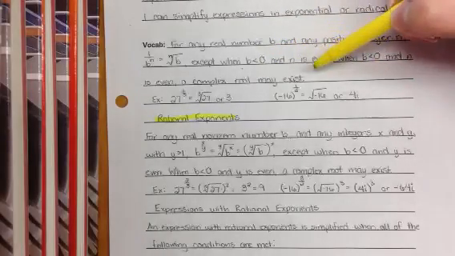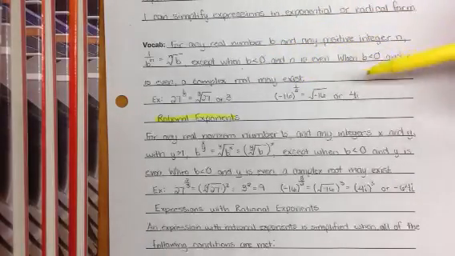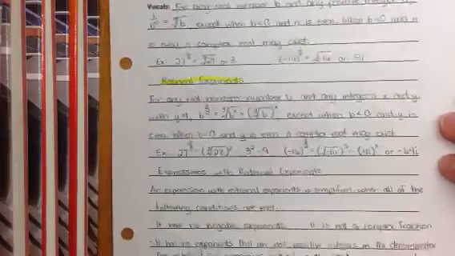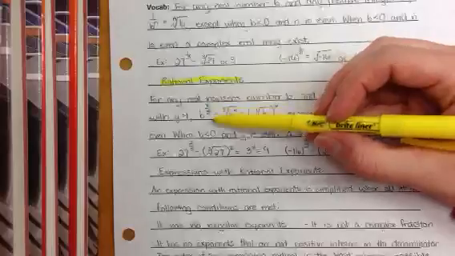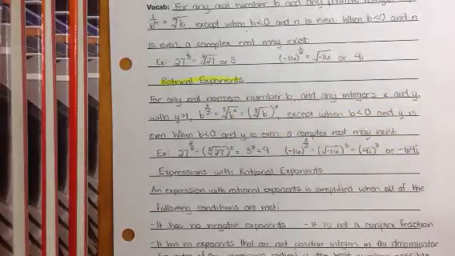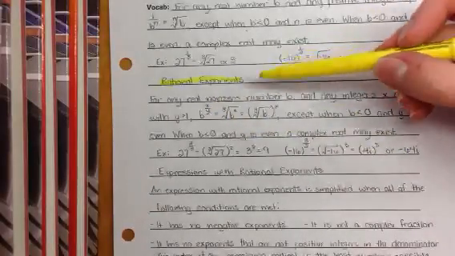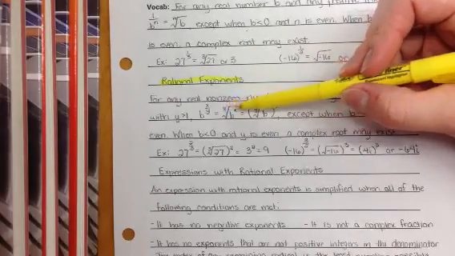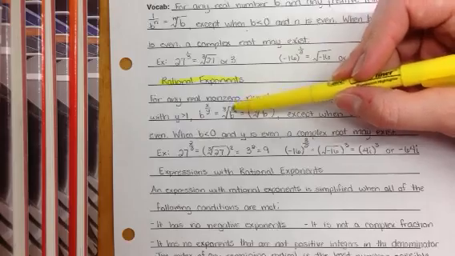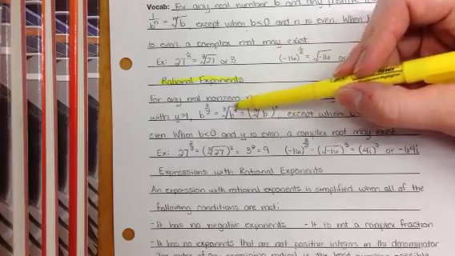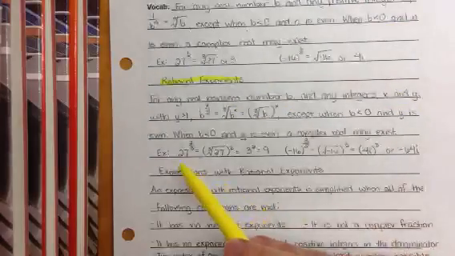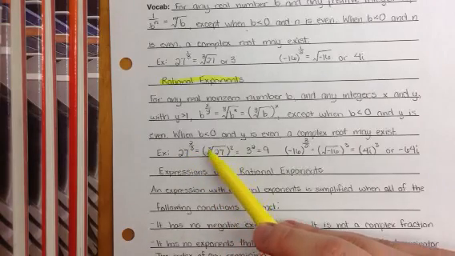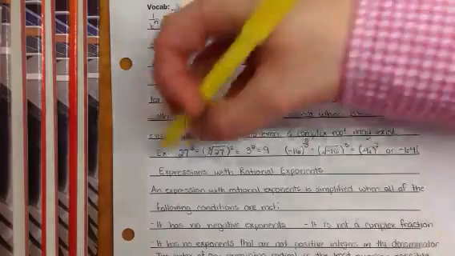If I have negative 16 to the 1/2, that's the square root of negative 16. And then if I have a number on the top and the bottom of my exponent instead of just one, the bottom number is your root, and your exponent would go for the top number. So here's an example of that. If I have 27 to the 2/3, then I have the cube root of 27 squared.